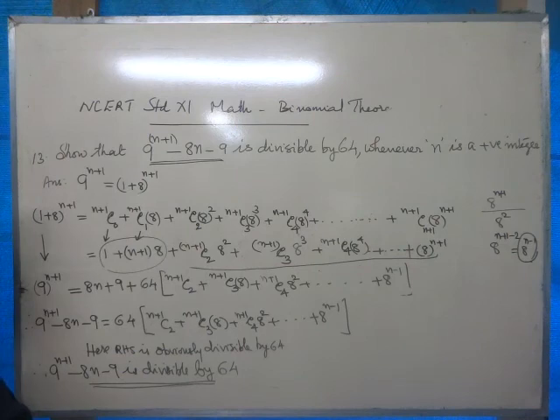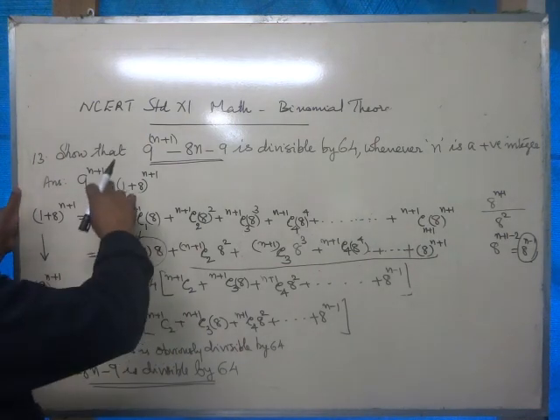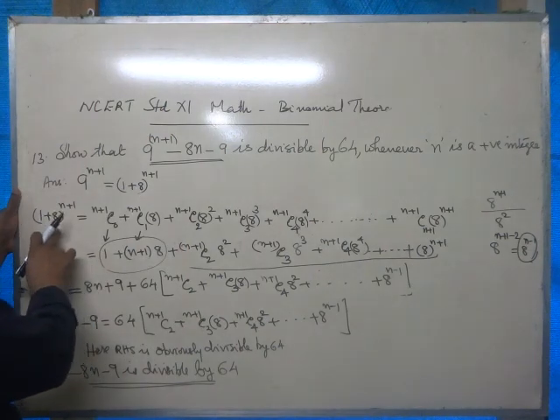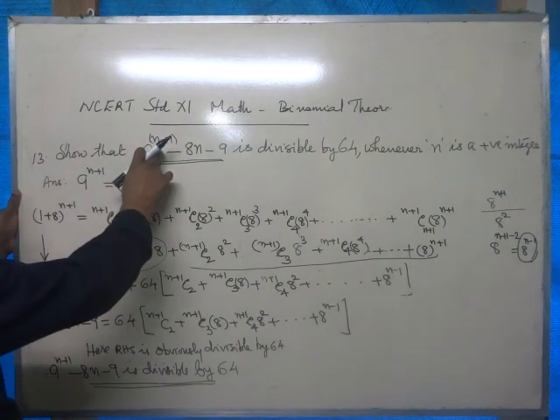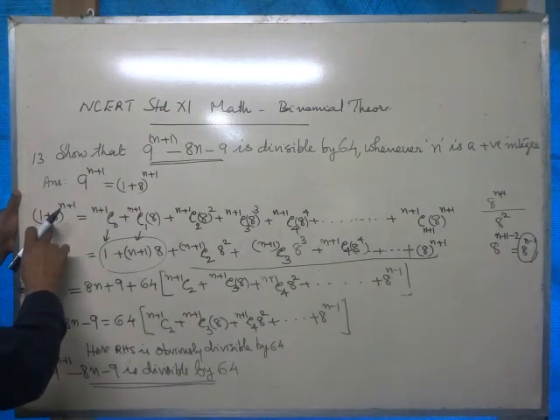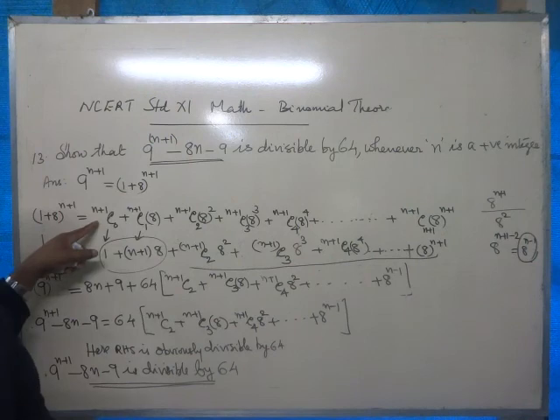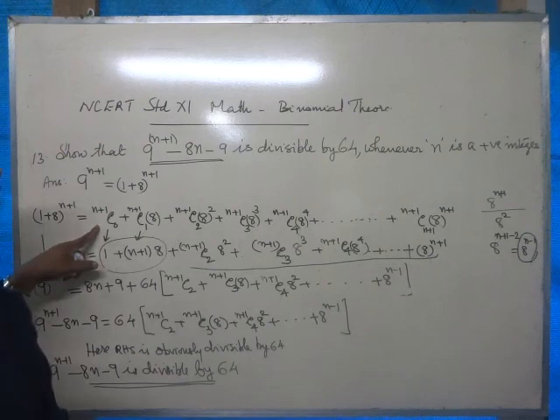Now we shall put 9 as 1 plus 8. 9 raised to n plus 1 can be written as (1 plus 8) raised to n plus 1. Then expanding it, we get n plus 1 C0 into 1 raised to n plus 1, that is 1 itself.